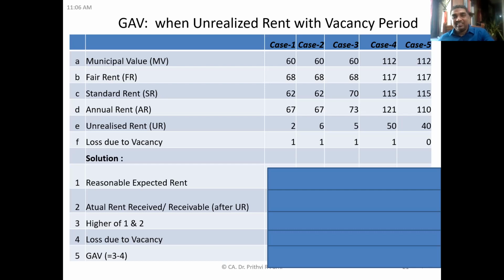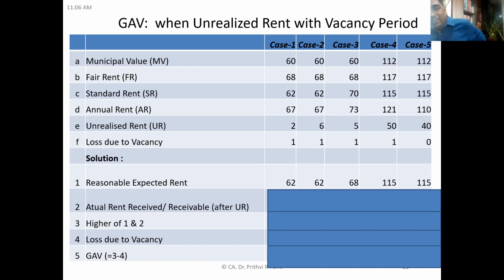Case 3, 68. Case 4, 115. Case 5, 115. Right? All of you have understood. Reasonable rent figures are correct.